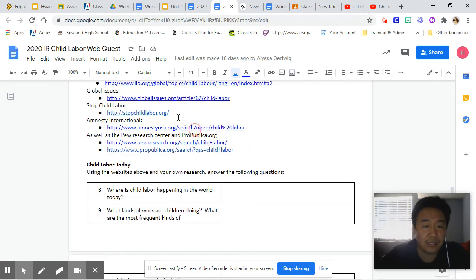And after you look at these sites, you're going to have a few more questions to help you think about how you feel about this. Is it okay for kids at 4, 5, or even 8 or 9 years of age to be in factories, earning their keep, doing what they need to help their family just a little bit?